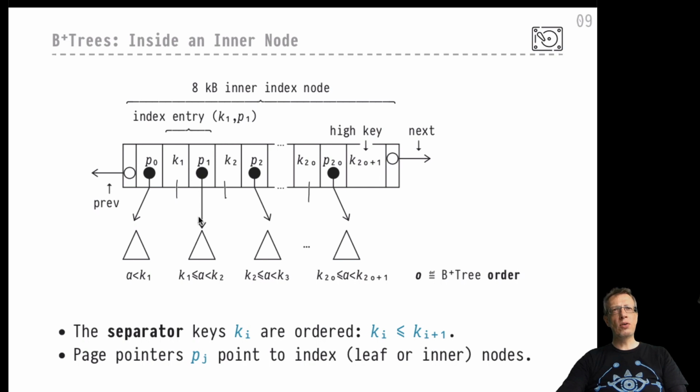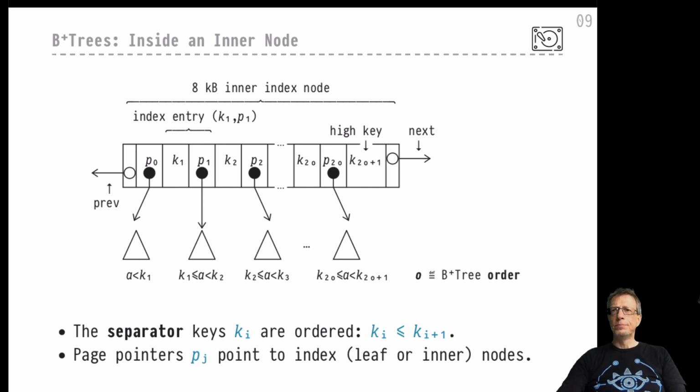Everything to the right of this K1 value will be K1 or larger. Everything to the left of K2 value is less than K2. Everything to the right of K2 value is K2 or larger. So this separates the entries of table T into different search subtrees here. That's where the name separator comes from.